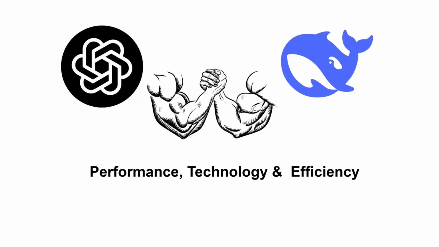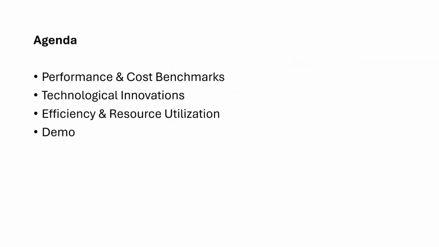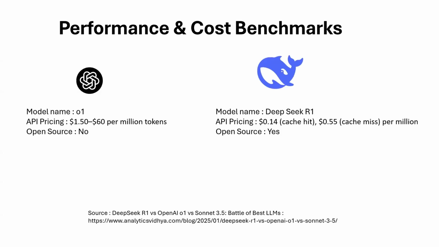At the end, we will also have a demo demonstrating the capabilities. As an agenda, we will talk about the different things I just mentioned. We will start with performance and cost benchmarks.